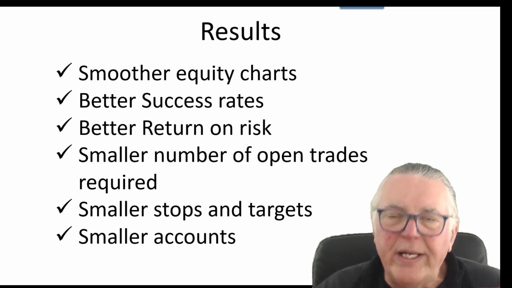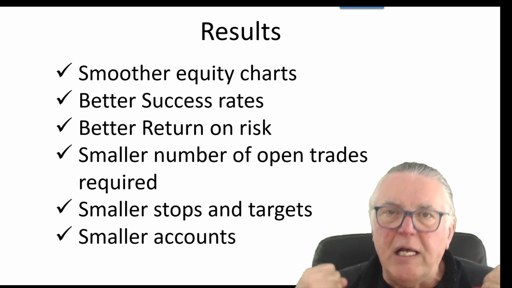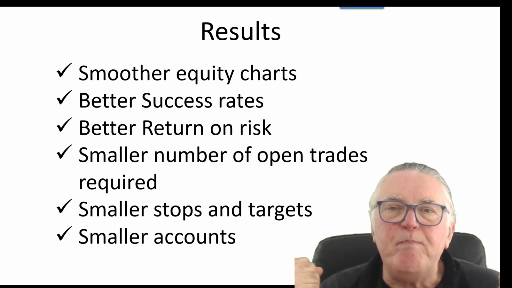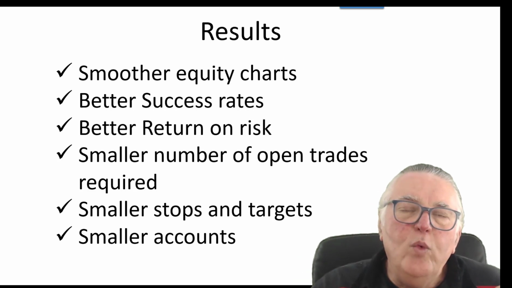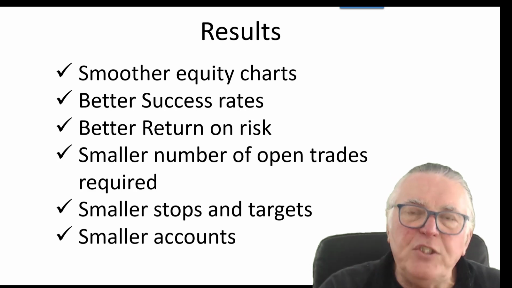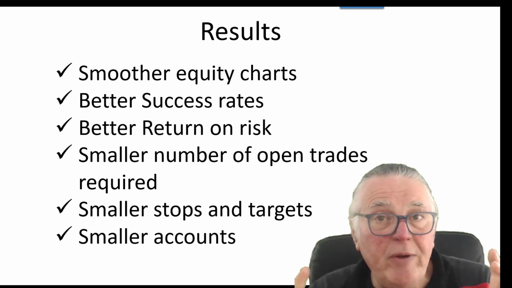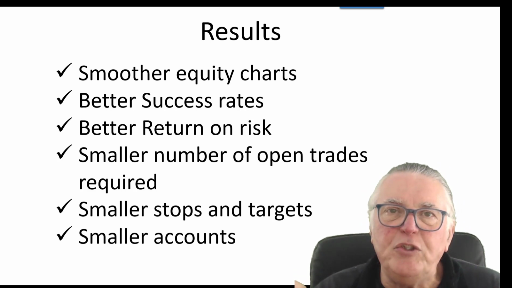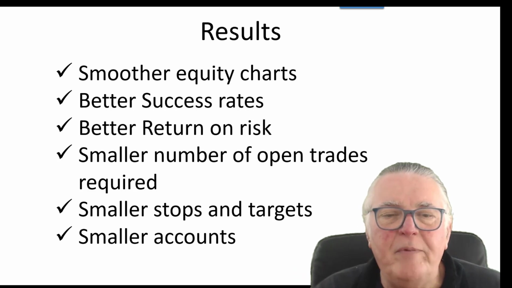But certainly what has resulted here is much smoother equity curves, fewer drawdowns, a better success rate, and better returns on risks. In other words, your winning trades are much bigger in dollar value than your losing trades. A very important aspect there. What we've introduced too is the ability to make money and reduce risk with smaller number of open trades.